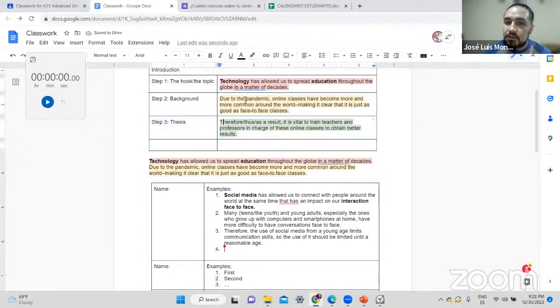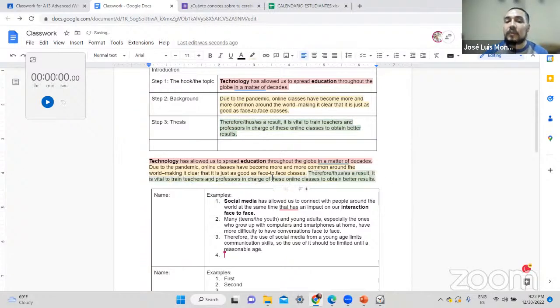Here I didn't use it, but actually this is considered a connector, due to the pandemic. That's one of the causal connectors that you have. So it's up to you, but remember that you're going to need a minimum of 6. All right, I'm going to delete that one. So this is what you need to have.